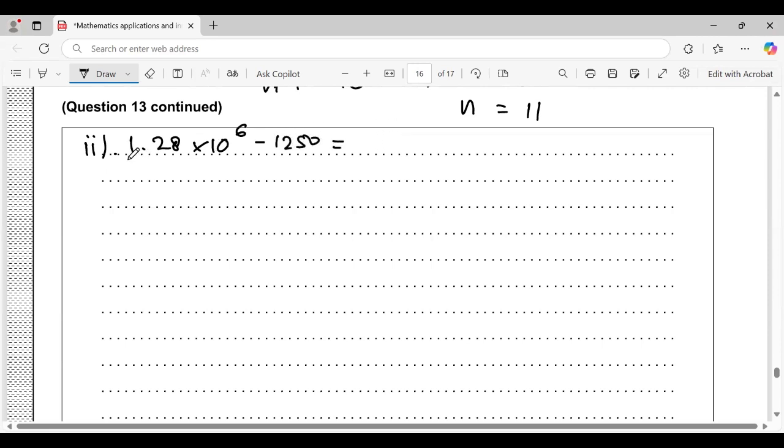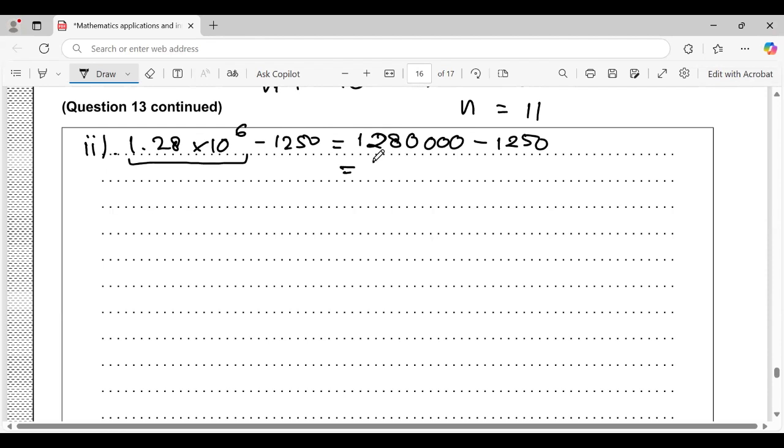If we convert this number, it becomes 1,280,000 minus 1,250.